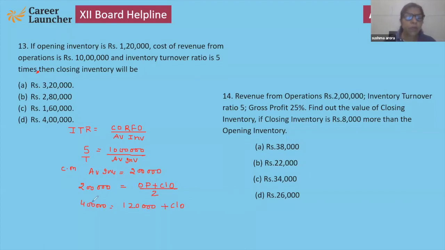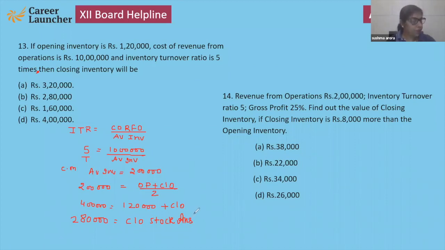So when you bring that side and subtract, then you will come to know that 2,80,000 will be closing stock, or we can say closing inventory. So first of all, fill those information which is given in the question. Then you can come to know the another thing which is missing.